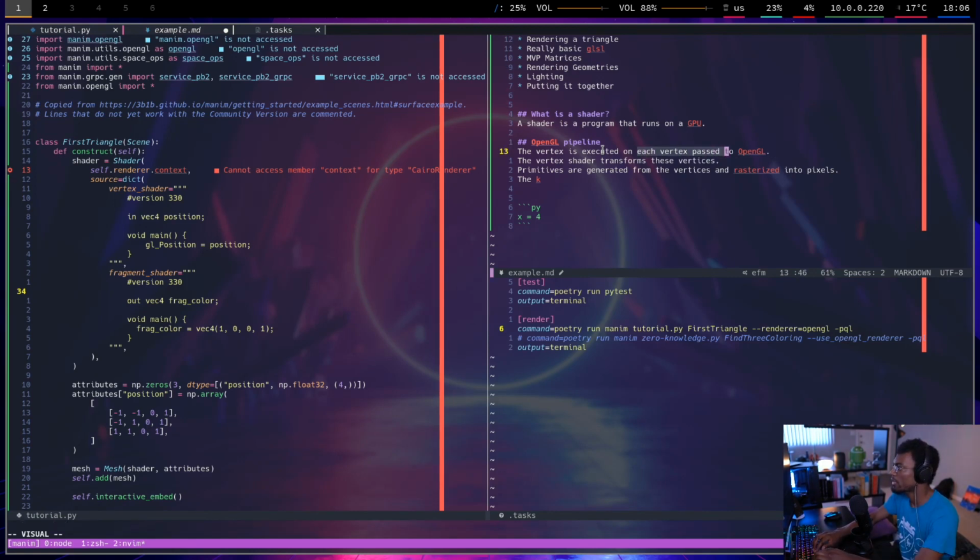Maybe what I want to say is each vertex passed to OpenGL is run through a vertex shader, or passed to. Precise writing. Always a disaster. Each vertex is passed to a vertex shader. The vertex shader transforms these vertices. Primitives are generated from the vertices and rasterized into pixels.